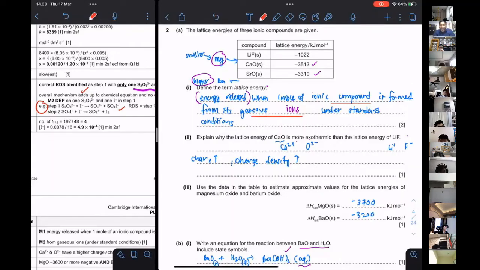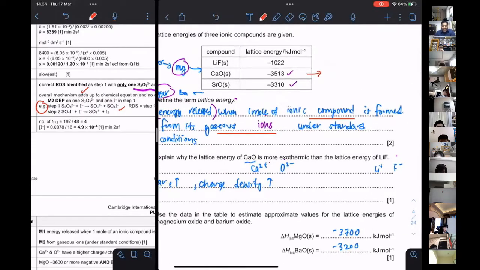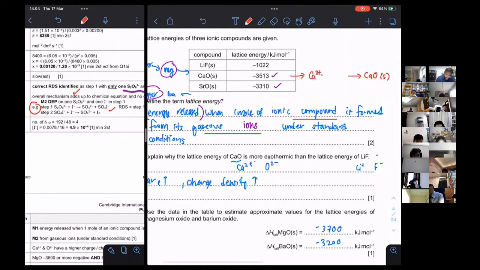So there is going to be bond formation, under standard conditions. If I have CaO, how do I write the lattice energy equation? To form 1 mole of CaO, I react Ca2+ in gas and O2- in gas. This is the equation for lattice energy.